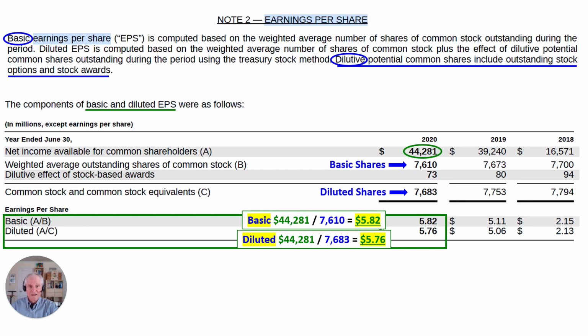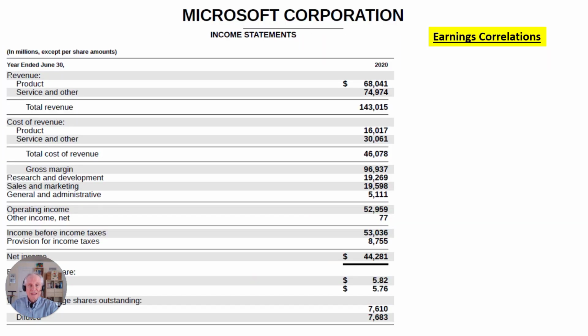And we can see that in FastGraphs. When we look at the income statement, we're going to work our way down from top line to bottom line. You can see the revenue for the last 12 months was 143 billion plus. To generate that amount of sales revenue, we had costs and we also had expenses.